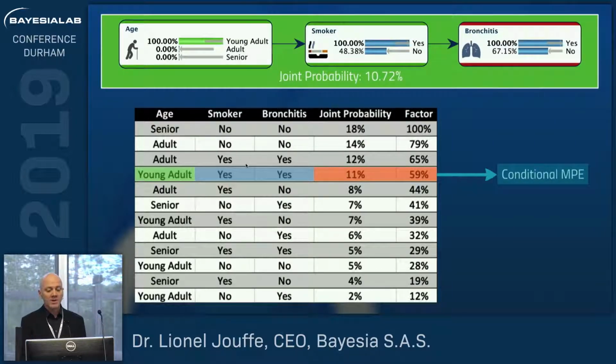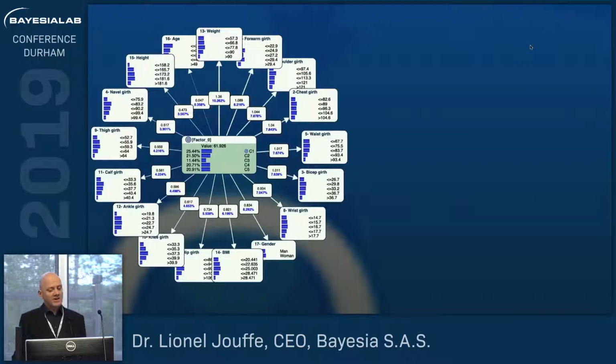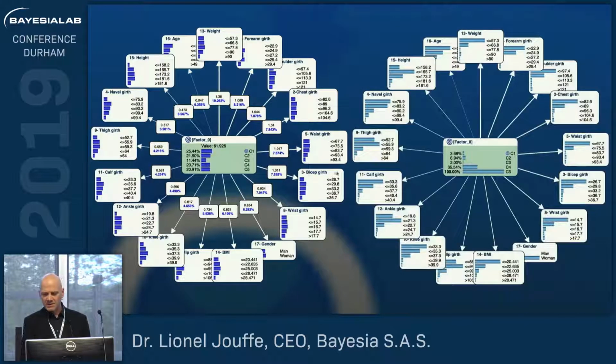And now the most likely states are smoker and bronchitis, right? So this is how the MPE is working. If I use the MPE on my cluster, you're going to see that this is kind of counterintuitive, because when you look at this one, you see that the cluster that has the highest marginal is C1 with 25%. But with the MPE, this is indeed C5.